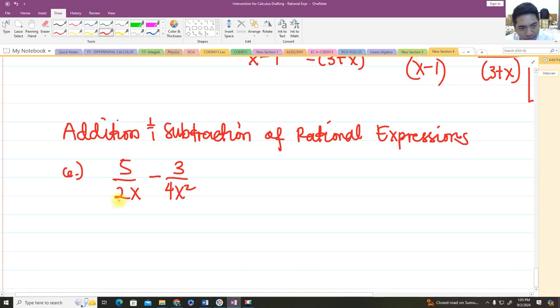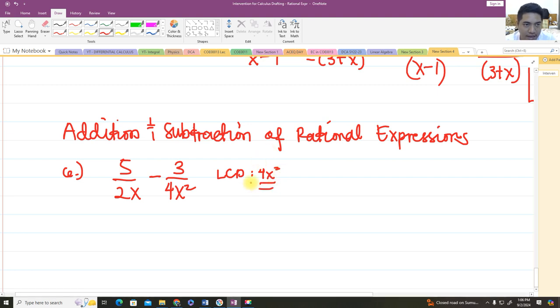So you have 2 here, you have 4 here, they will meet at 4, and you have x here and x squared here. So the least common denominator would be 4x squared. And the goal is to make the denominators the same, so that we will be able to add or subtract the given rational expressions.